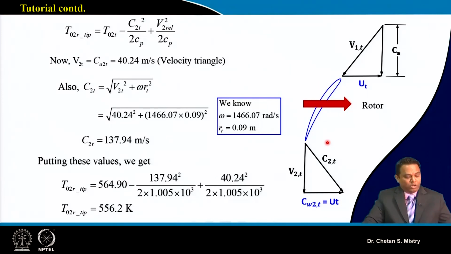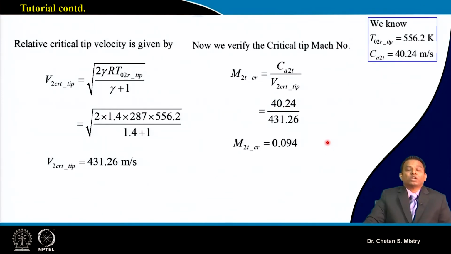Now this is known to us, so we can calculate our relative critical tip velocity. We know that it is given by the square root of 2 gamma R T02 at the tip, the relative temperature, divided by gamma plus 1, which we calculate as 431.26 meter per second.